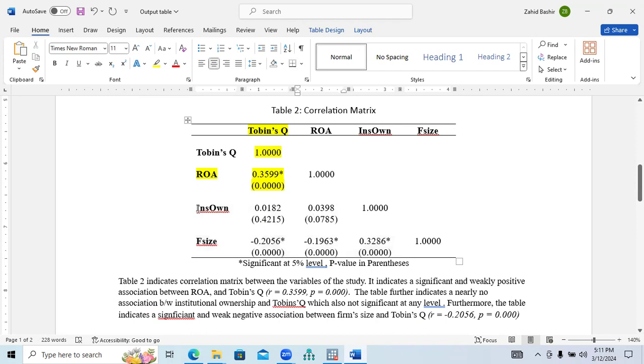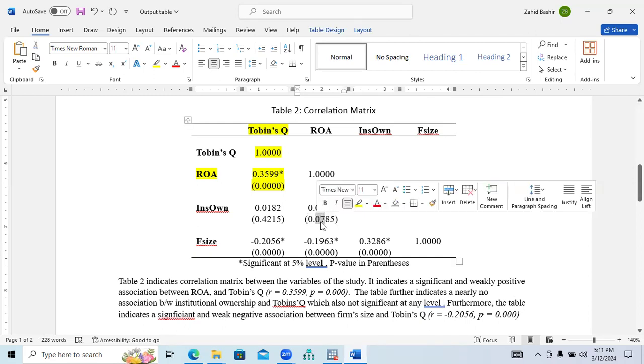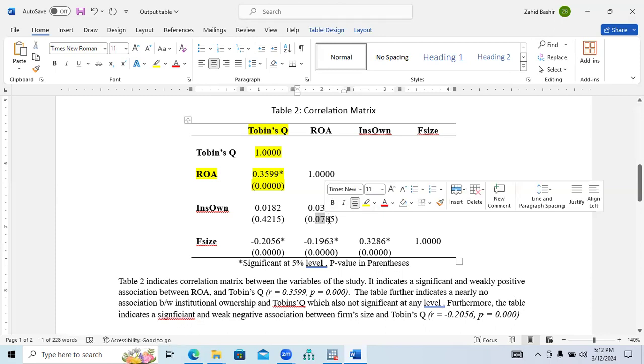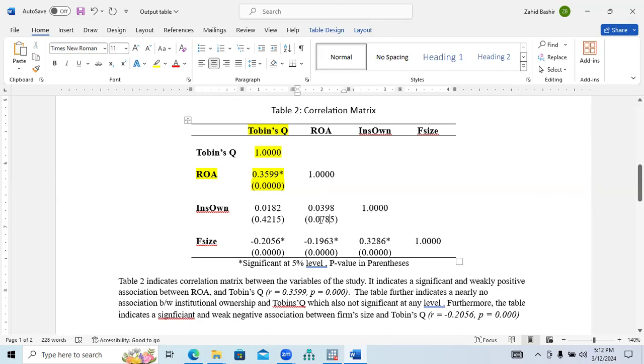You can see here, there is a positive and weak significant. This is basically significant at the 10% level because this is 0.07. So it is not significant at the 5% level. It is significant at the 10% level. So whenever the p value goes beyond 5% and is near 10%, it shows a weak significant value.